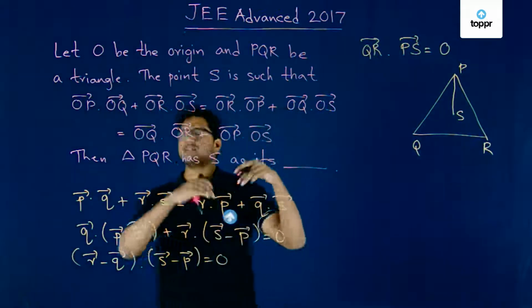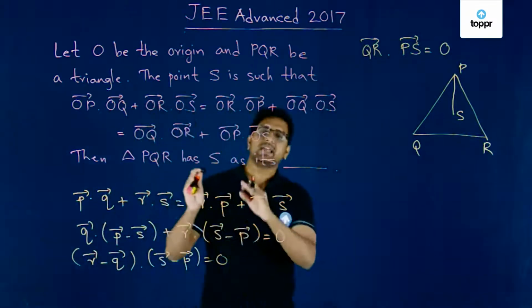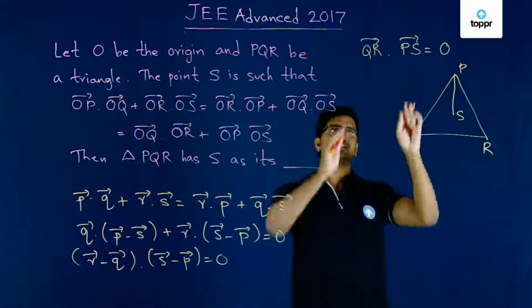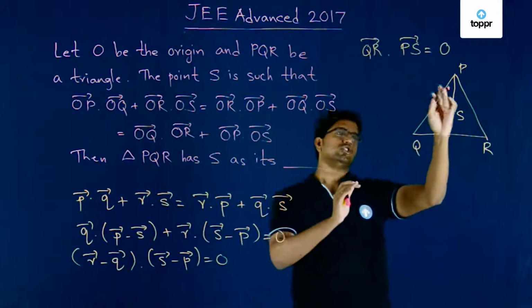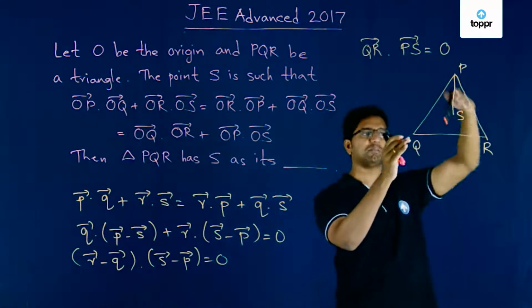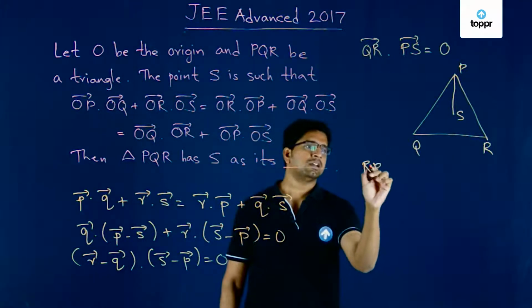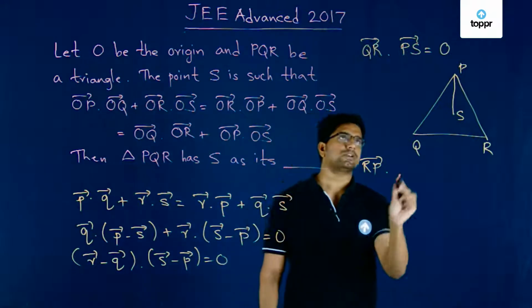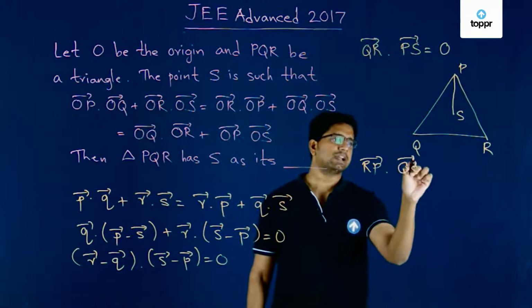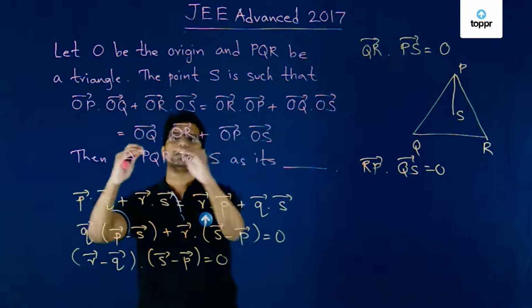But you can very well go one step ahead and take the other equation, and over there you will get another kind of relationship. That is, if you take another side, say for example PR, then you will get the equation as RP dot QS equals 0. This equation you will get if you take this equal to this.